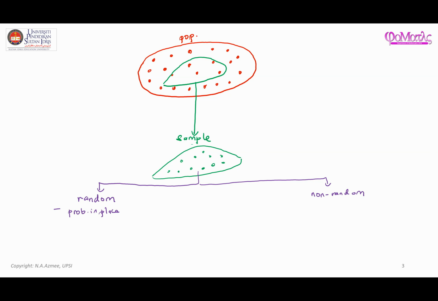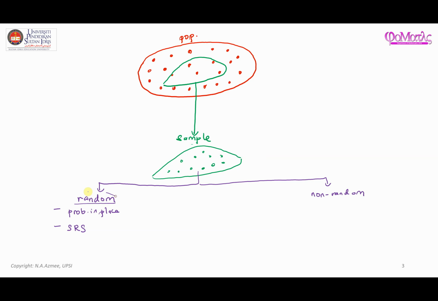For example, the simplest method of random sampling, I would say, is simple random sampling. In simple random sampling, all the elements in the population have the same probability of being selected to be included in the sample. So that's the idea.